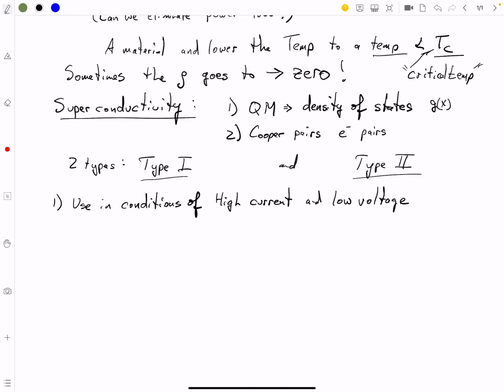We can do this because we don't have any resistance. So this minimizes that power loss.